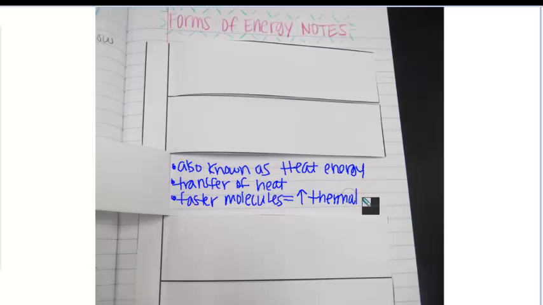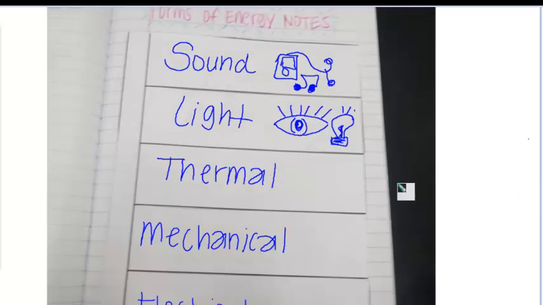Okay, so it is the transfer of heat. Okay, and we know this, if my molecules are moving faster, am I going to have more or less thermal energy? Good, I'm going to have more, so that's more thermal energy. The hotter my substance, the hotter that water, the faster the molecules are moving, so I'm going to have even more thermal energy.